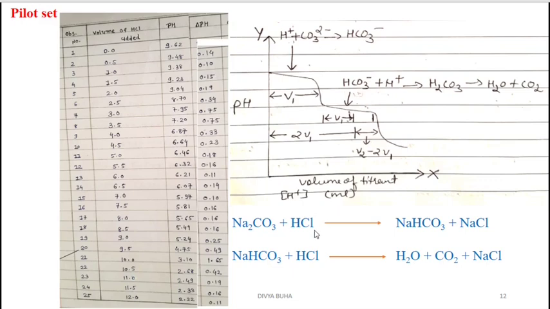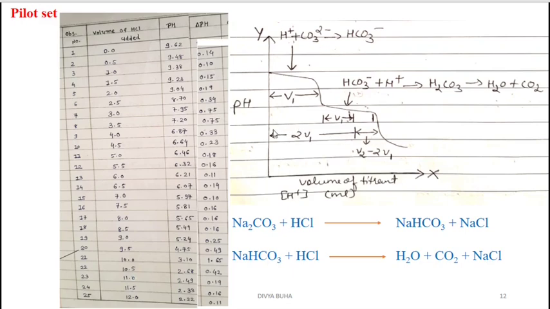Okay, so if you want to find out the total amount of HCl which is required for the neutralization of Na2CO3, then it would be 2V1, that would be V1 into 2. Okay, and later on NaHCO3 which is being obtained due to half neutralization of Na2CO3 plus the amount of the NaHCO3 which is already there in the sample, both will get neutralized to H2O and CO2, right, and you will be getting the second equivalence point.